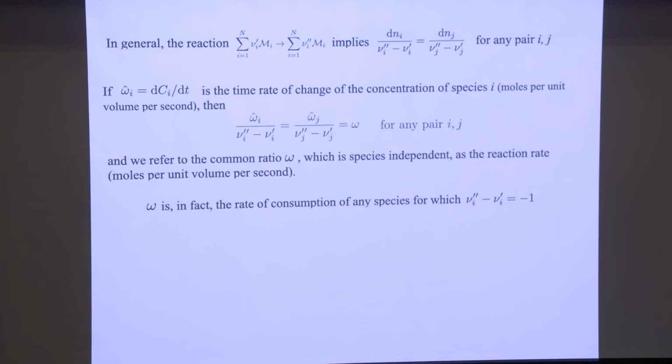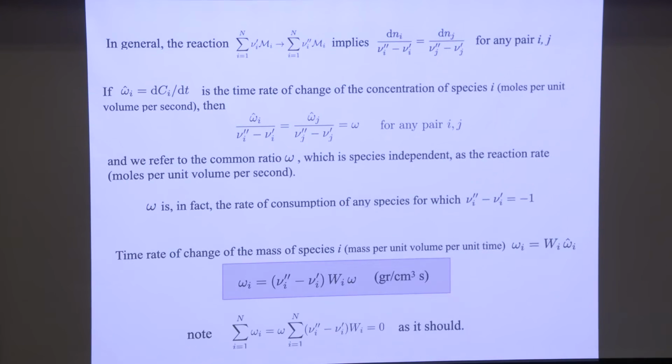It's just an obvious observation. So as I said, if I want to write it in terms of mass per unit volume per second, I would have to multiply by the molecular weight. So omega I that will enter into our governing equation is the difference in the stoichiometric coefficient times the molecular weight times the reaction rate, and we will discuss what the reaction rate is in a few minutes.